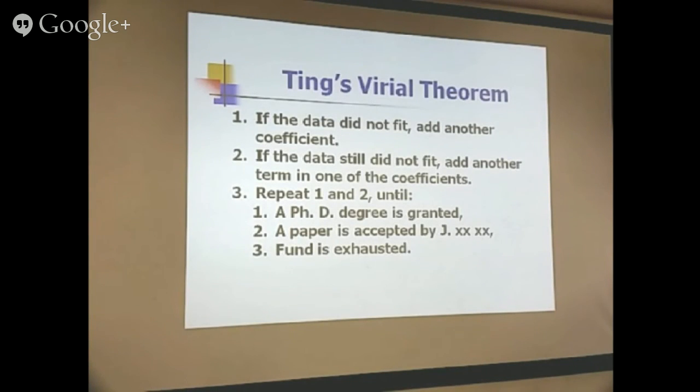One of the papers has 40 terms and coefficients, and I saw some with more. So if the data still doesn't fit, add another term in one of the coefficients. Repeat 1 and 2 until, if you are working on your PhD degree, you get your degree, or until you get your paper published, or until you exhaust your funds.